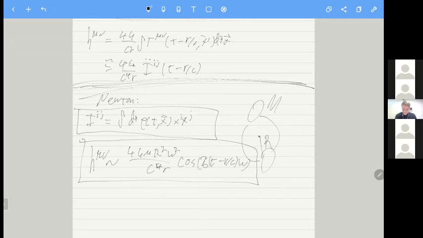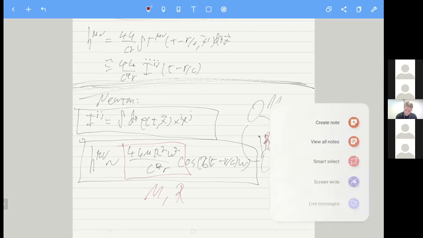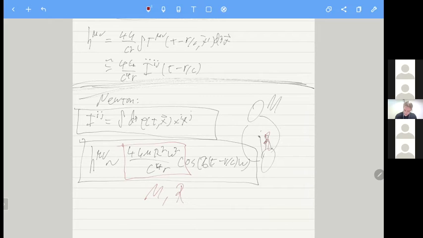Which is proportional to this quantity, where the amplitude here is set by the radius, the orbital angular momentum, and the distance to the source.